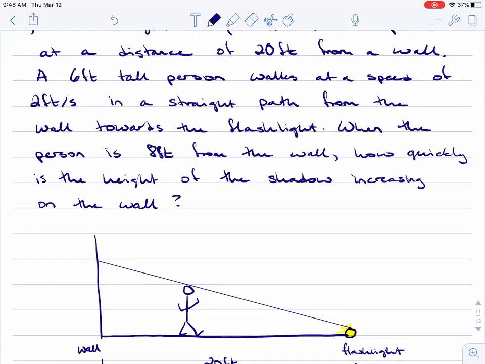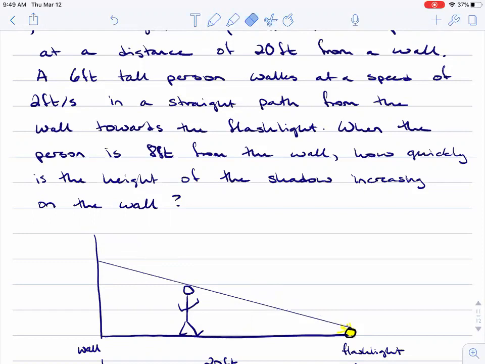Because if he moves out this way, yeah, because then his shadow would be bigger. I get it now. I'll probably lose it, but slowly but surely I'll understand shadows. Maybe. All right. Well, that's not really helping my, but it helps my understanding.